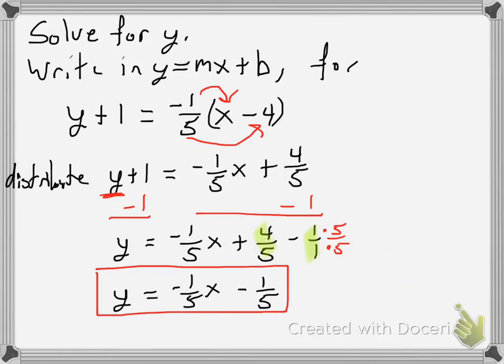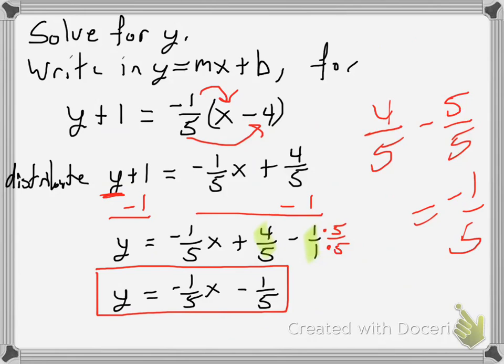So we have y equals negative 1/5 x, and then 4 over 5 minus 5 over 5. That's going to equal negative 1 over 5. So that's where that came from. I'll see if I can draw that in there. All right.